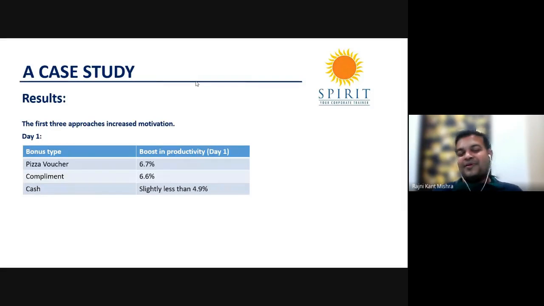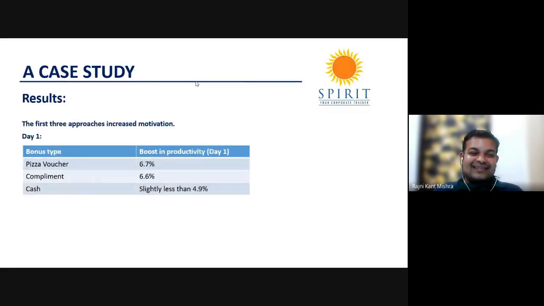Because when you get a compliment, you are happy for your entire day. Imagine the principal of our college appreciating us in front of everyone for something good that we have done, and then we are happy for the rest of the day. We feel motivated. Yes, I should do even more. Maybe tomorrow I will work even more, right? That is what a compliment does to us.